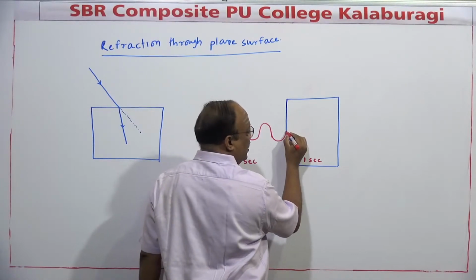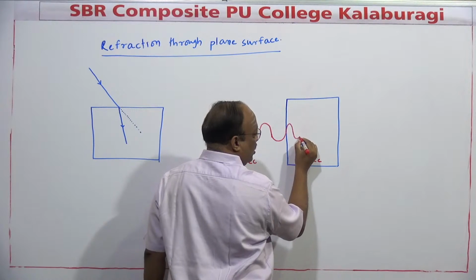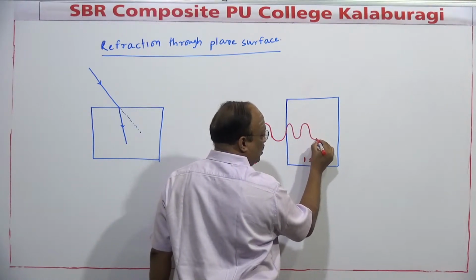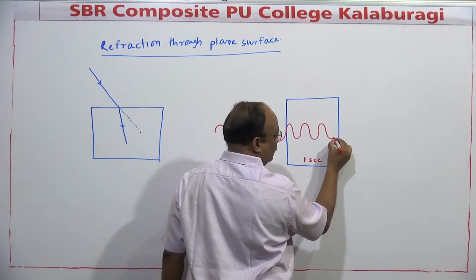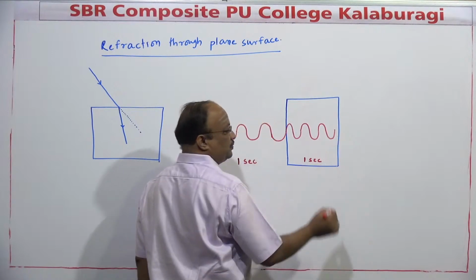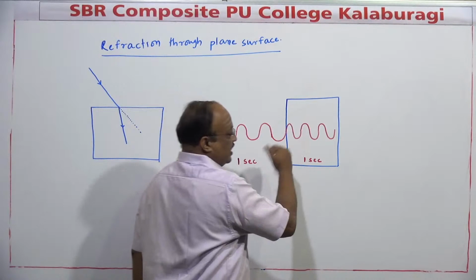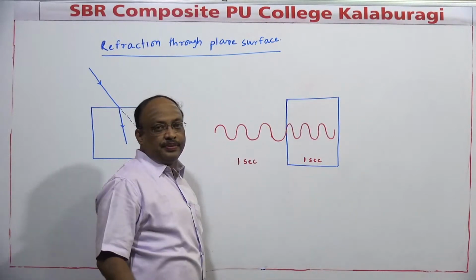Next in 1 second also, what does it do? Here you can see this is one wave, second wave, third wave. So in the next 1 second, it is passing through the glass slab.